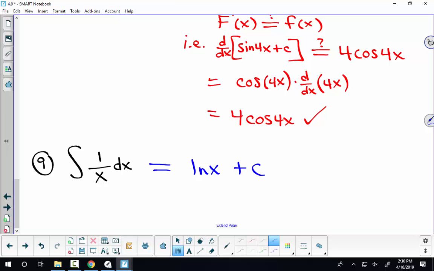So you may or may not remember us talking about the derivative of the natural log of x is 1 over x, but also the derivative of the natural log of the absolute value of x is also 1 over x. So that's how we want to think about the antiderivative of 1 over x as ln of absolute value of x.